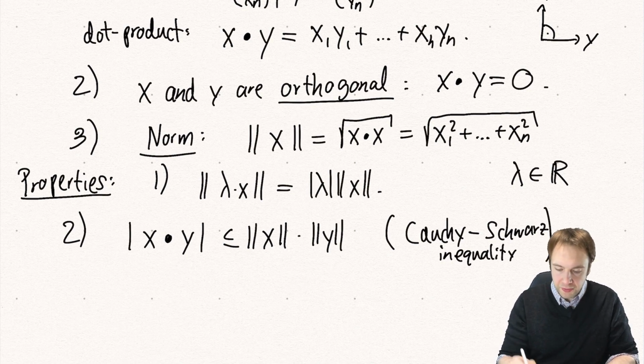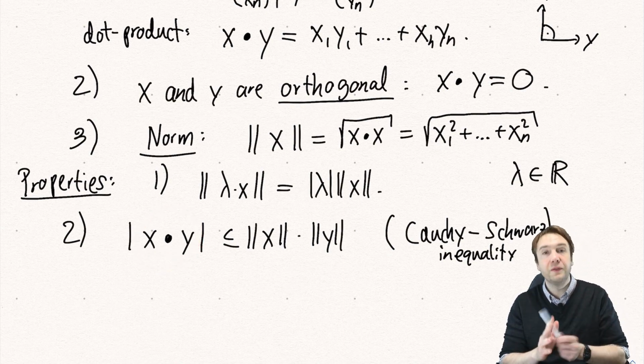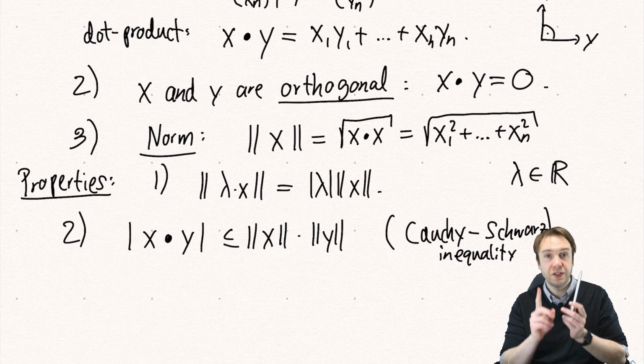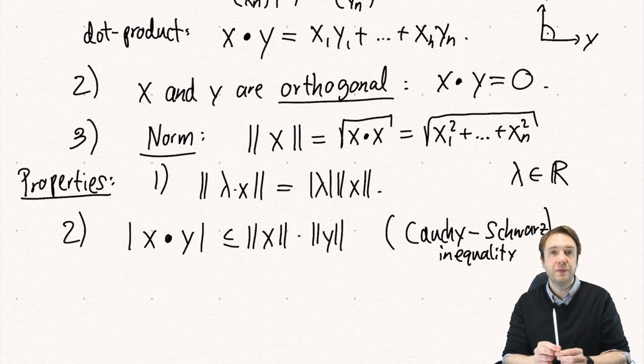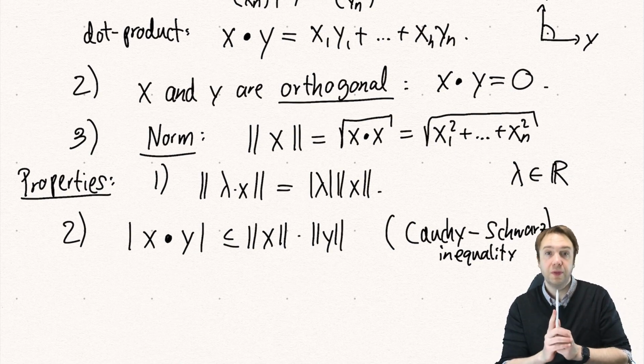And also, if x and y are linearly dependent, meaning, what does it mean if two vectors are linearly dependent? If I just have two vectors, then linearly dependent just means that one of them is a multiple of the other, meaning that the angle between them is 0.